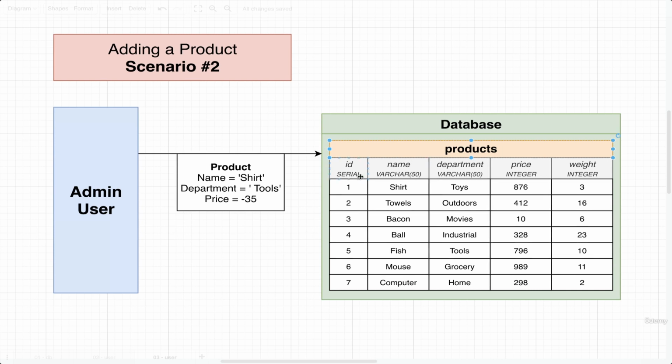All we said was, hey, as long as you're submitting some values that kind of conform with these different types, everything is good to go, and we'll take any product you want to add. So in this scenario, an administration user who's connecting directly to the database could very easily add in some invalid information. And that would result in us having a product with possibly a negative price. And there's nothing in here right now to catch that kind of mistake.